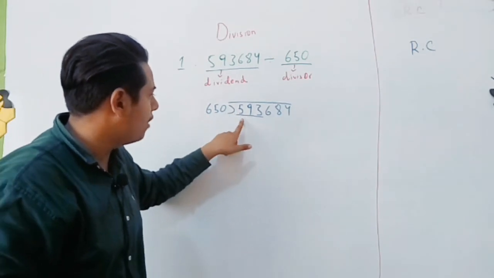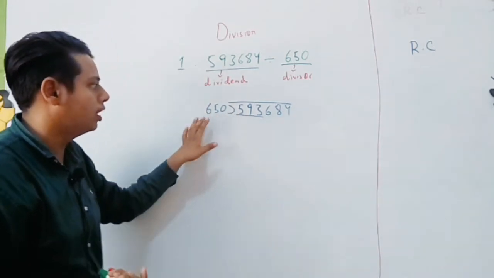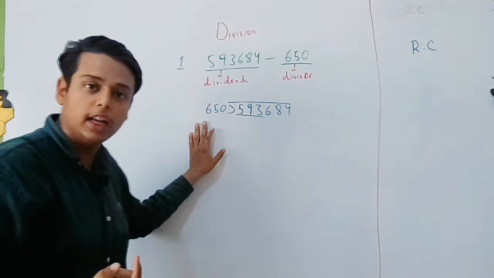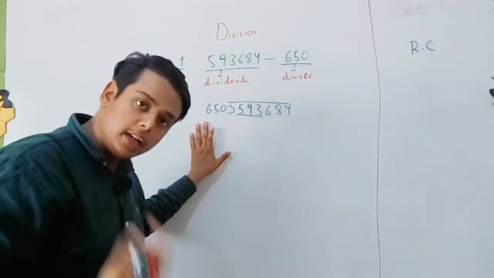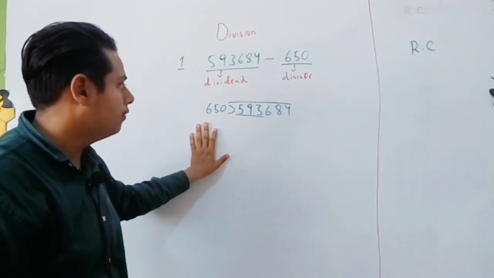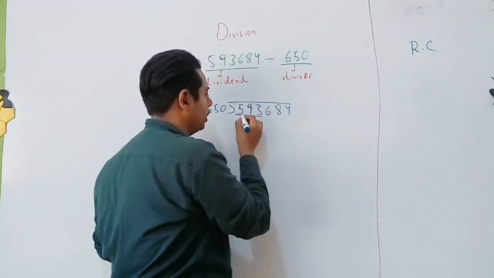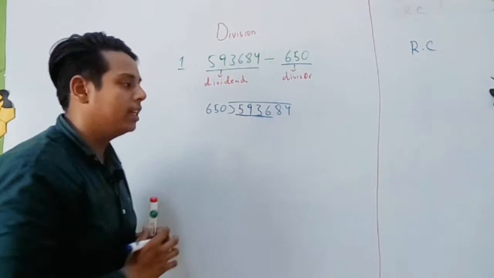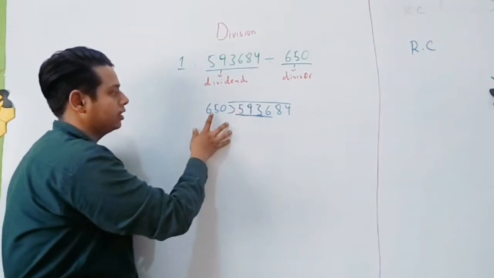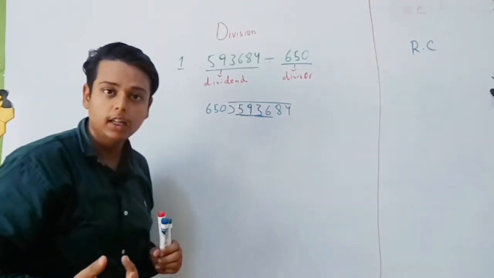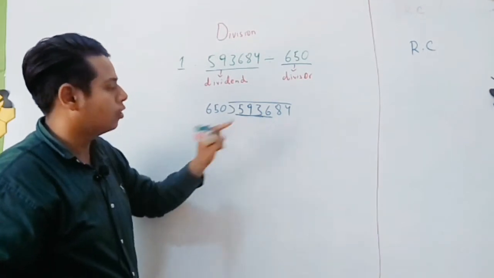Now the 593 is smaller than the 650. जब मैंने देखा कि 593 650 से छोटा है तो मैंने क्या किया, 6 को भी इंक्लूड कर लिया.